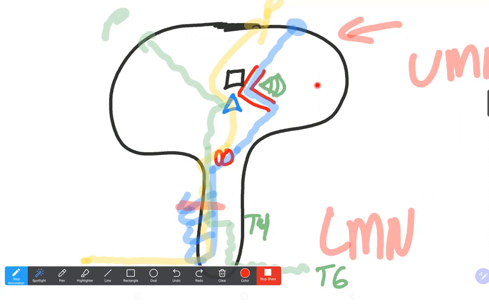And this little slice of pizza is the globus pallidus and putamen. Medullary pyramids, thalamus, caudate nucleus, internal capsule, globus pallidus, putamen. Got it?